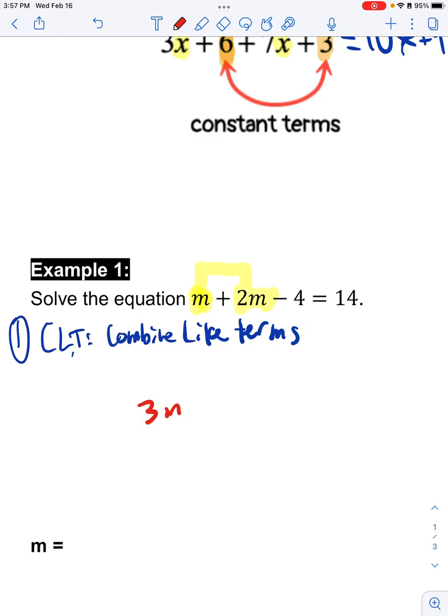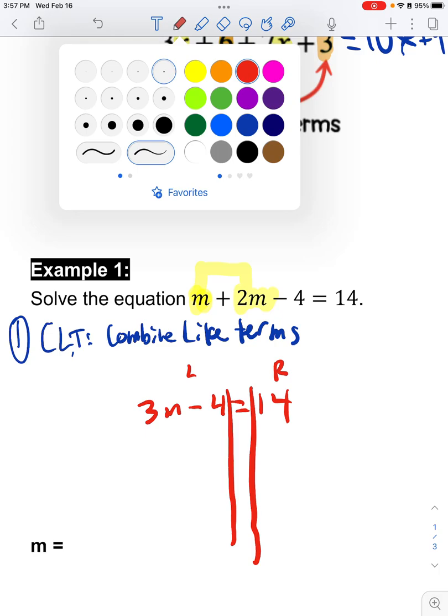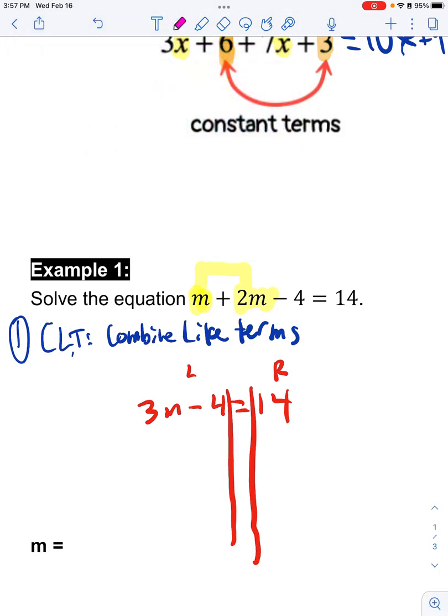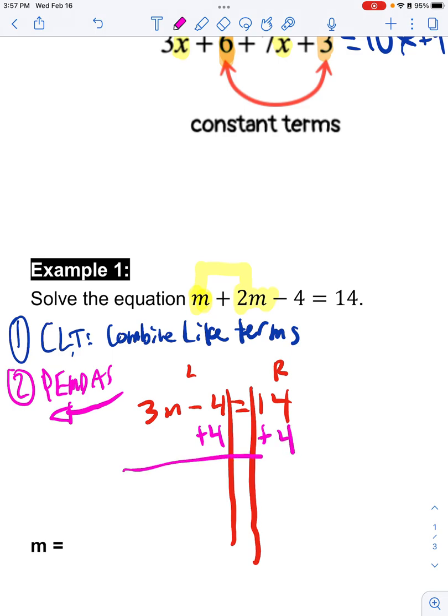So m plus 2m is going to be 3m. So I have 3m minus 4 equals 14. Now it's just like what we did in the previous lesson. We need to make our train tracks, and then, step 2, use PEMDAS backwards to solve it.